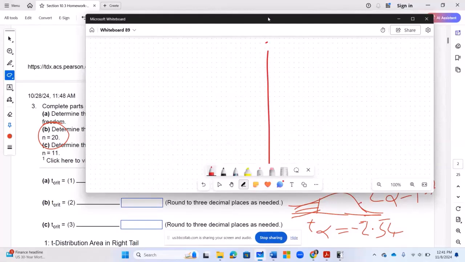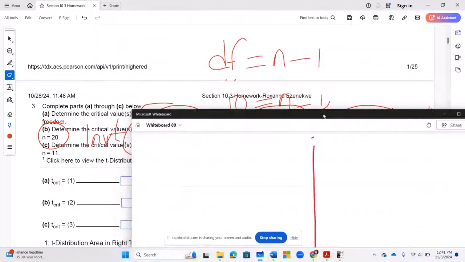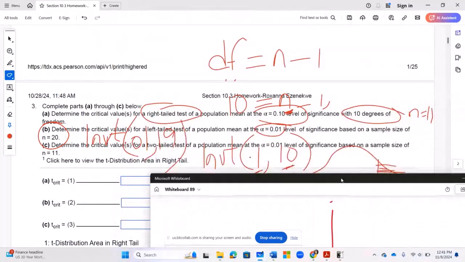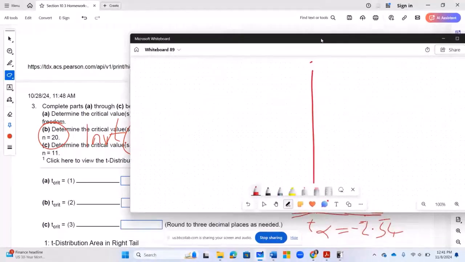The question in C says, determine the critical value for a two-tailed test of a population mean at the alpha level of 1%. In other words, the level of significance is 1%, but it's two-tailed, based on sample size of n equal to 11. So we know the information.